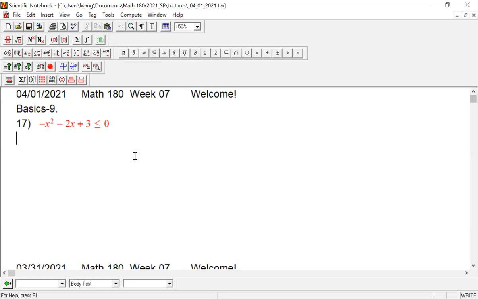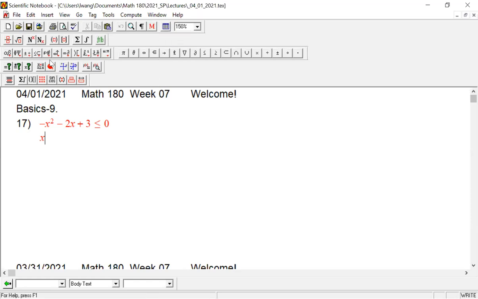So there are so many ways you can do it. But one of the simplest ways to do it, for me, is that I would just multiply both sides by -1.